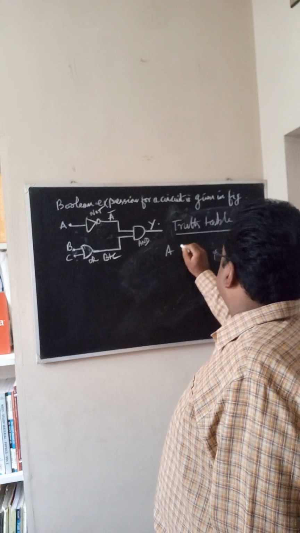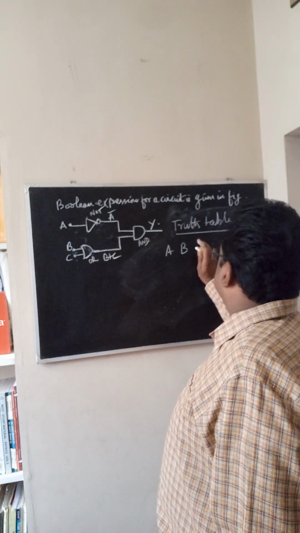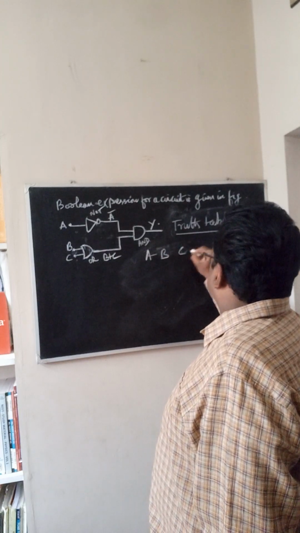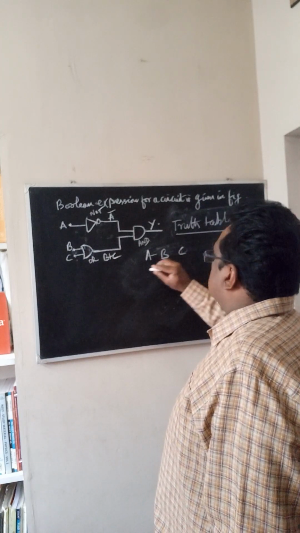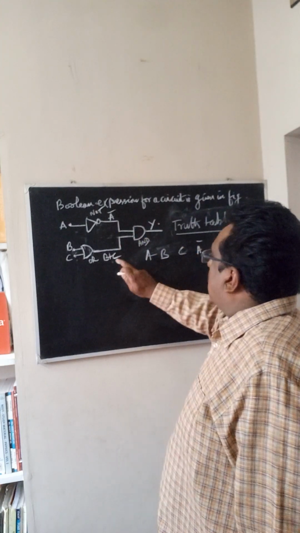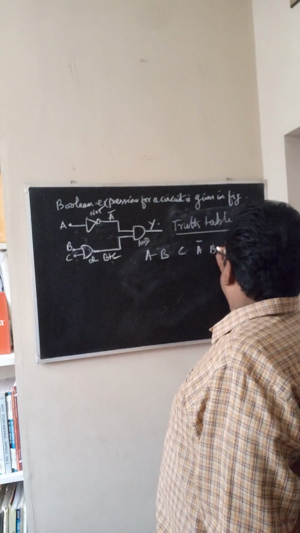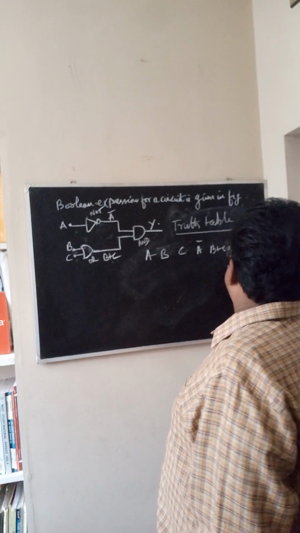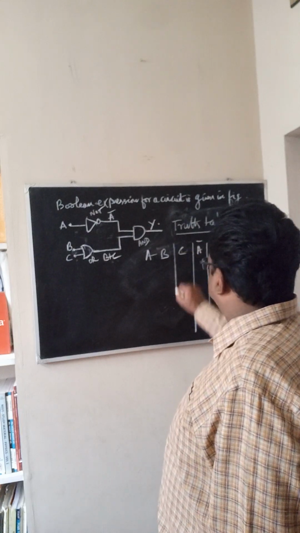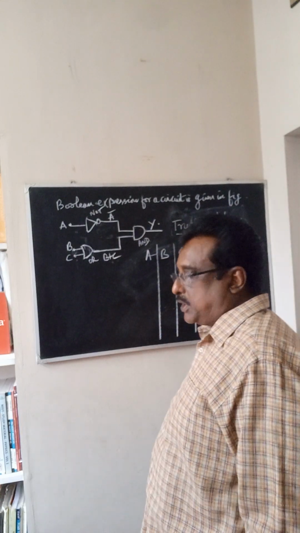A, B, C. And then here A bar, and here B plus C, and then Y. So this will be the truth table for the given circuit.